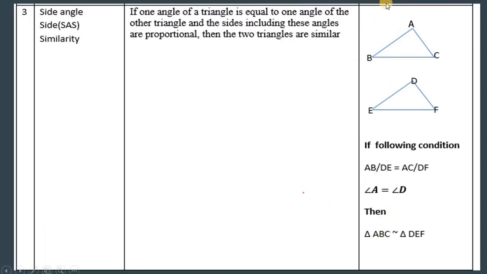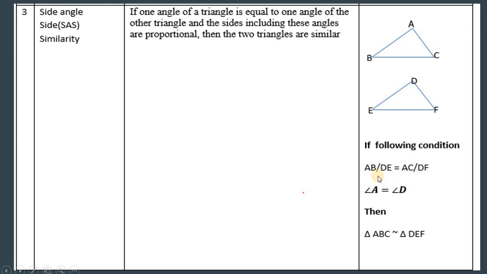The last criterion of similarity is side angle side. If one angle of a triangle is equal to one angle of the other triangle and the sides including these angles are proportional, then the two triangles are similar. ABC is one triangle and DEF is another.